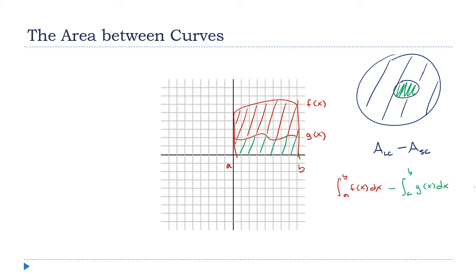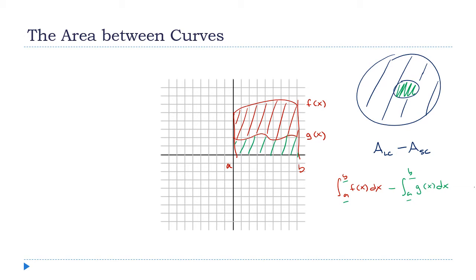Now, I'm not actually going to do it this way, because doing it this way means I have to find two antiderivatives, one for f and one for g, and then I have to do 4 evaluations. I have to evaluate a and b in this antiderivative, and a and b in this one. Okay, I can simplify this. I can make this easier. I'm going to use one of my integral rules that says the integral of a difference is the difference of the integrals.